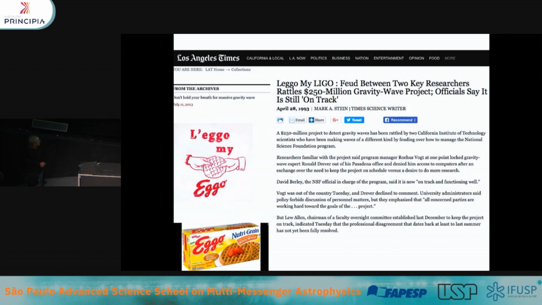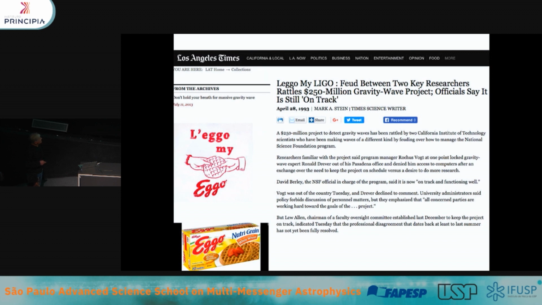I remember in 1992 there was one of the GR conferences. I don't remember which one it was. It was 13, in Cordoba, Argentina. And Ron Drever was at the meeting. When he went back to Caltech, the locks of his office had been changed, and he couldn't get in. And it was a big fuss.